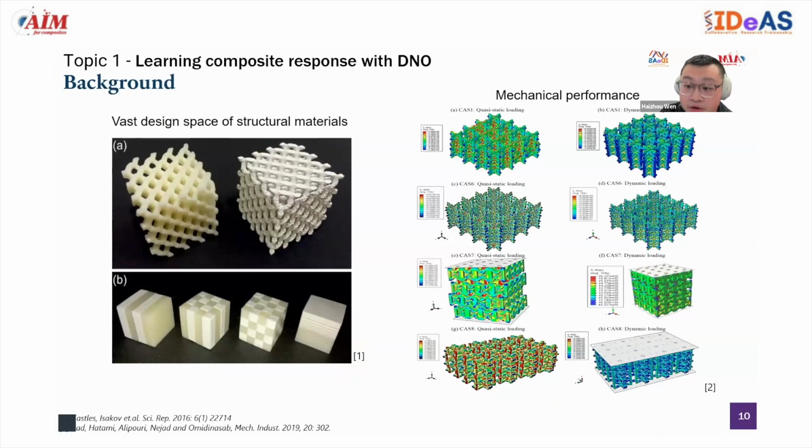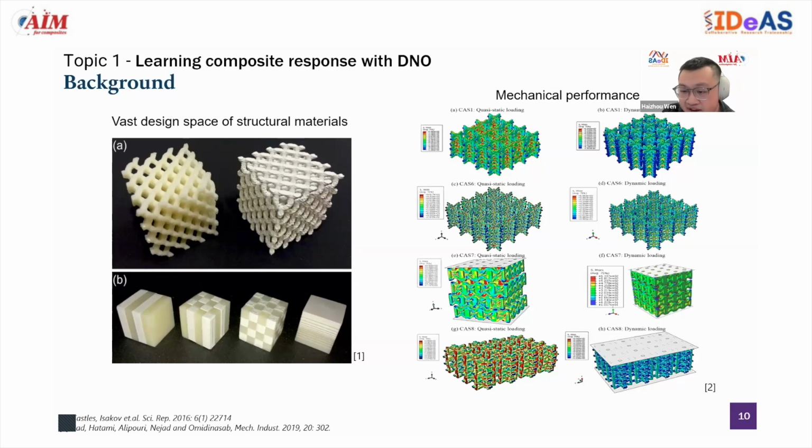Let's first talk about composite materials, things like carbon fiber, fiberglass, or reinforced polymers. Over the past few decades, scientists and engineers have been designing new structured composite materials to meet the growing demands of modern technologies.